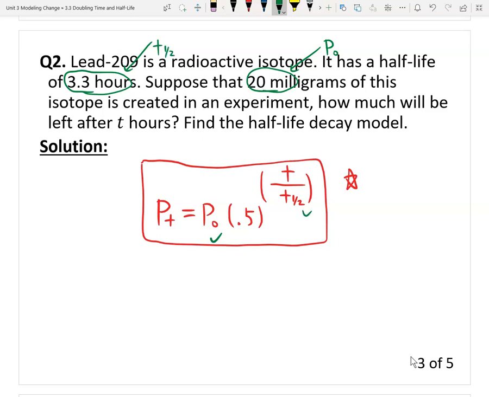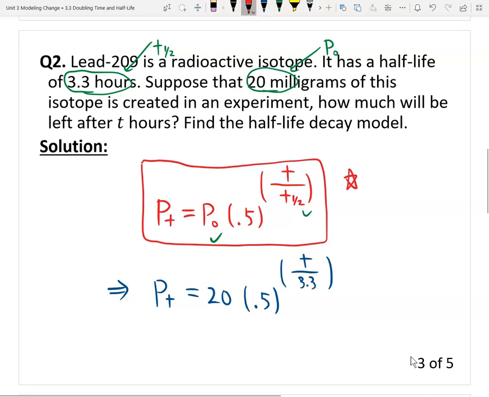So we also know this. And plug into the formula, and we will build the model for the future mass, or future value, P of T. What is P0? 20, right? 0.5 is the base raised to a power of T, the variable, over T 1/2, which is 3.3 hours. See, that's the model we need.